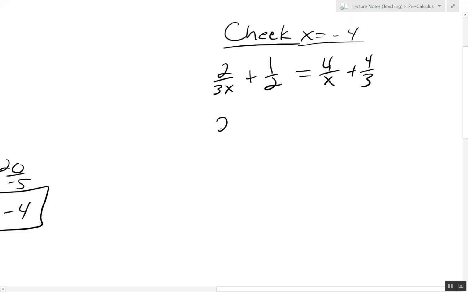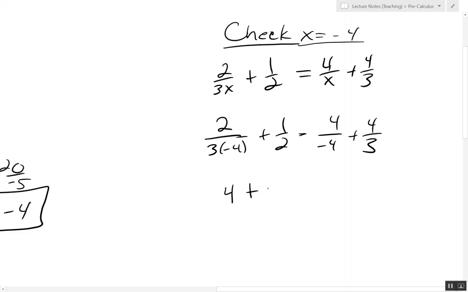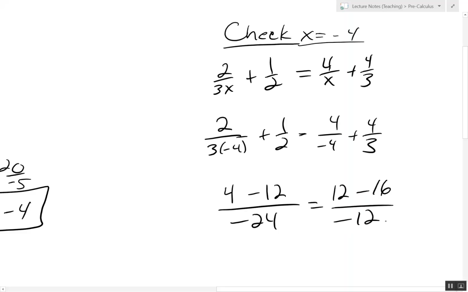So in this case, we'll get 2 over 3 times negative 4 plus a half equals 4 over negative 4 plus 4/3. So this will be 4 minus 12 all over negative 24 equals 12 minus 16 over negative 12.